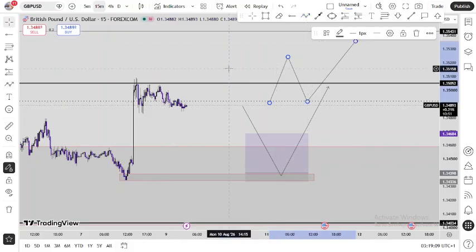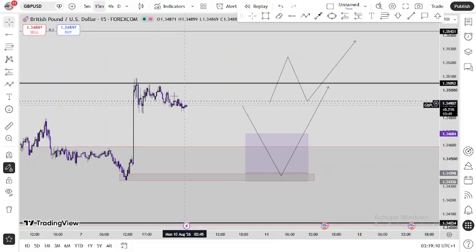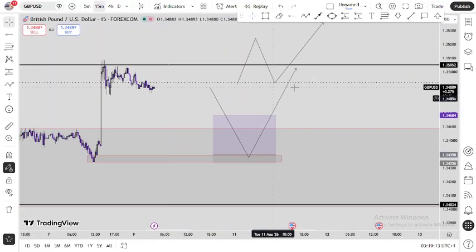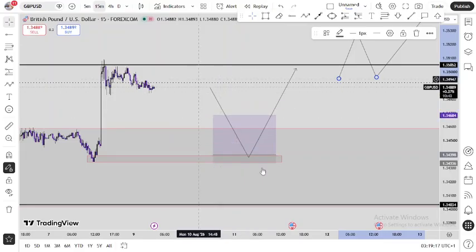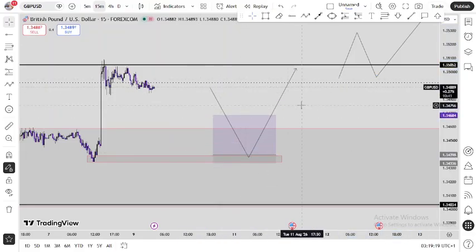But for now, this criteria has not started being met, so this is what we are looking for now. This is the narrative we're choosing.